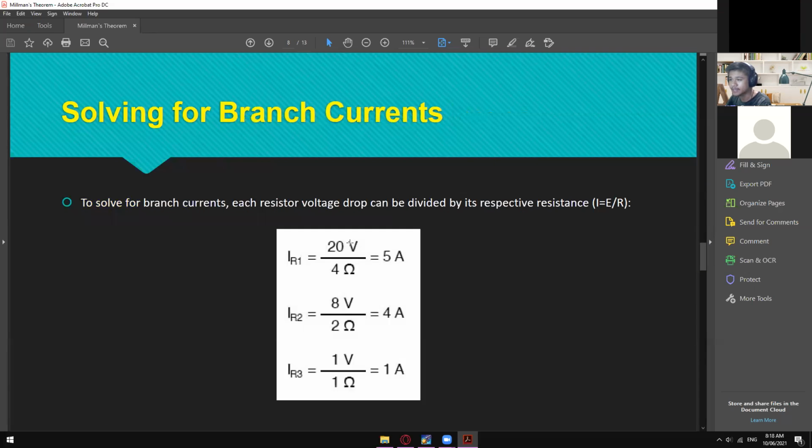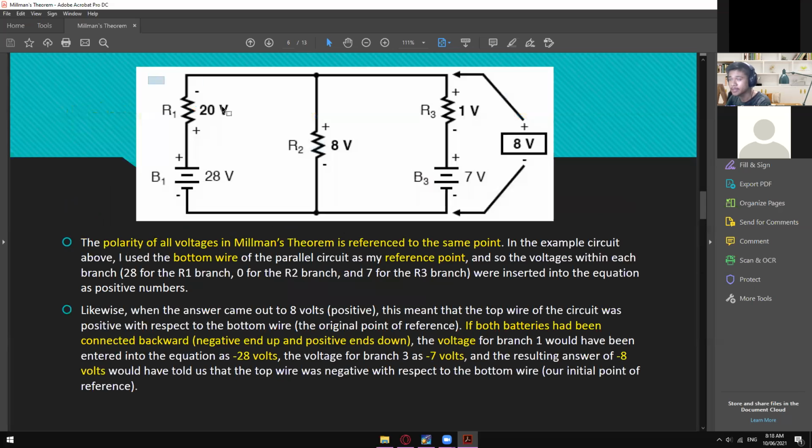And then for the currents, once you have already solved for the potential voltage, in here we have a potential voltage of 20 volts, because we have a voltage drop of 8 volts right here. And in here you don't have a voltage drop since we don't have a voltage existing right here before. So the voltage across this one now is 8 volts.